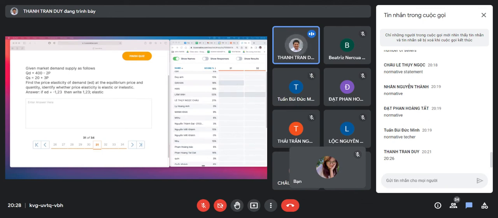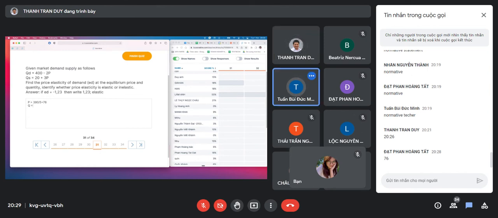So what is the equilibrium price? P will be how much? 76, it's 380 divided by 5, so it will be 76. And Q will be 248, teacher. 248.